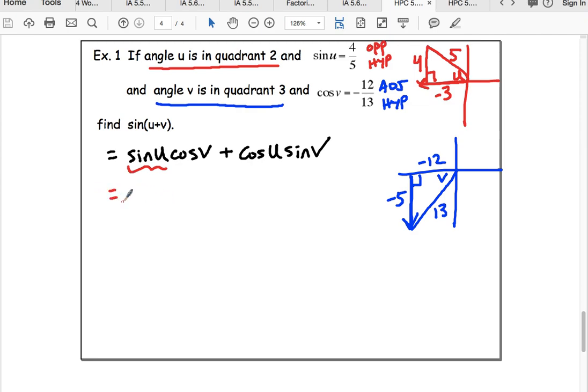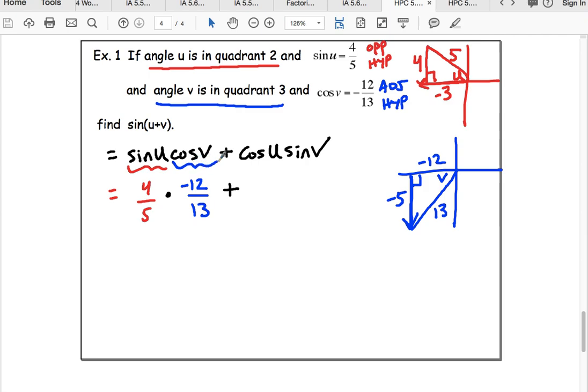Sine of u is opposite over hypotenuse, so that'll be 4/5. Cosine of v, here's the blue v. Cosine is adjacent over hypotenuse, so that'll be -12/13. And remember, we are multiplying those together. And then we have plus.